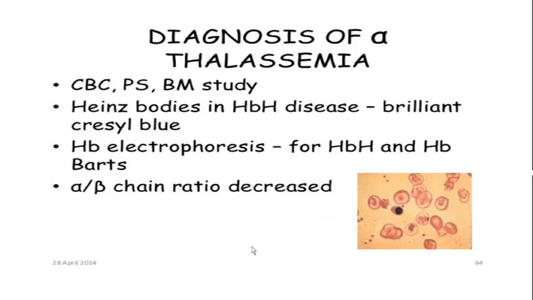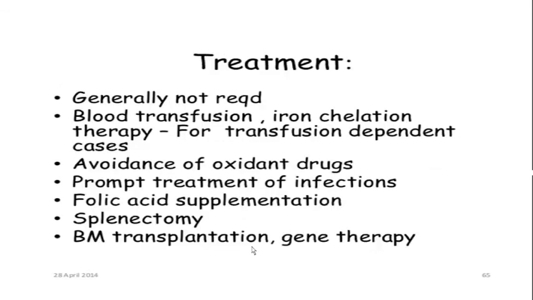And diagnosis is again almost the same as we did in beta thalassemia, and treatment is almost the same. Usually blood transfusion and iron chelation, avoidance of oxidant drugs, folic acid supplementation, splenectomy whenever it is required, and bone marrow transplantation and gene therapy are the treatments of choice.